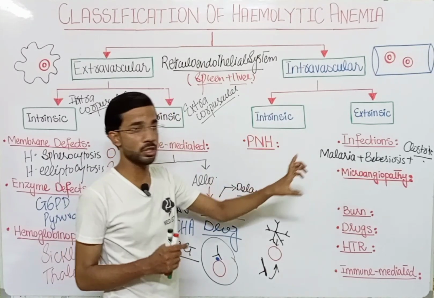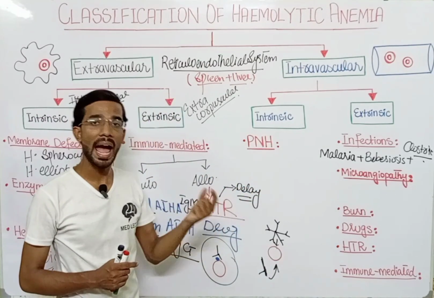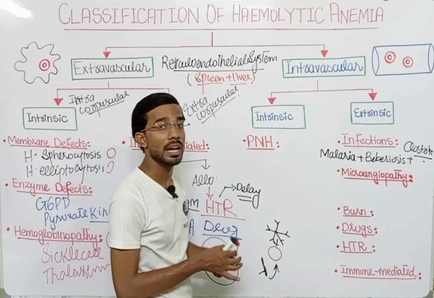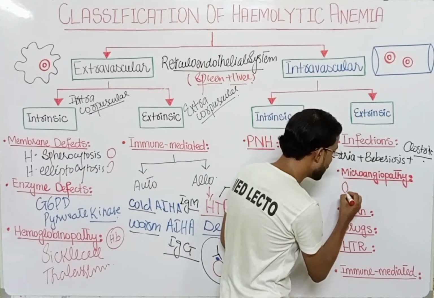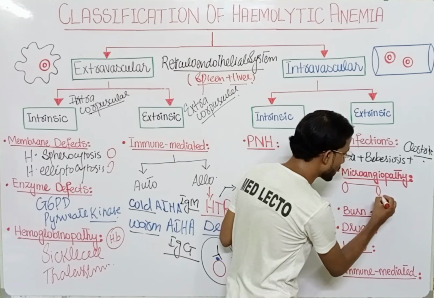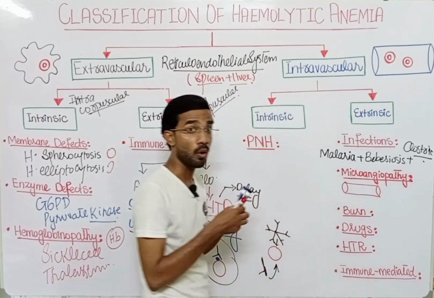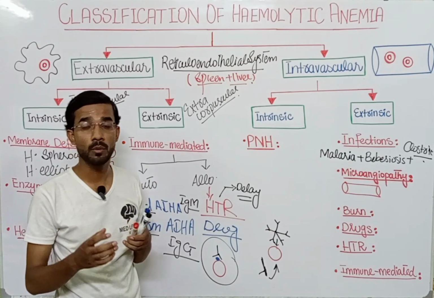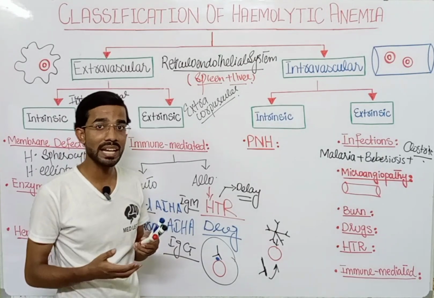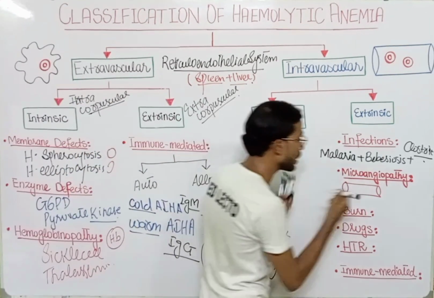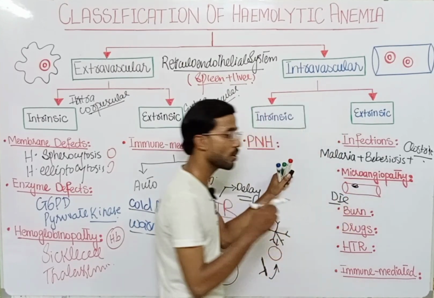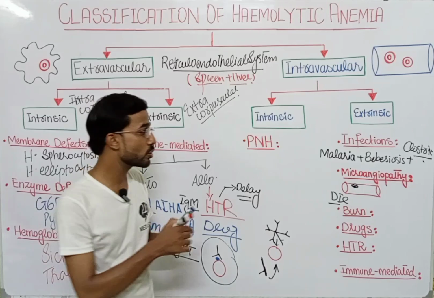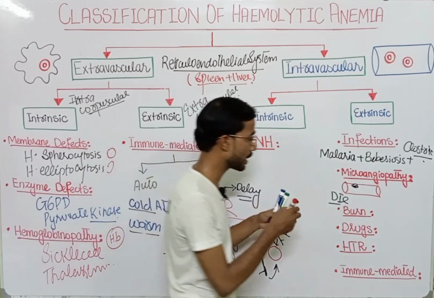Next is the microangiopathy. Micro means small, angio means blood vessel, pathy means defect. So it means that when there is a defect in the small blood vessel. So why does the blood vessel become small, or why does a defect exist in the blood vessel? Due to different situations like thrombus formation, DIC, disseminated intravascular coagulopathy, in which you will see different clots forming in the body.